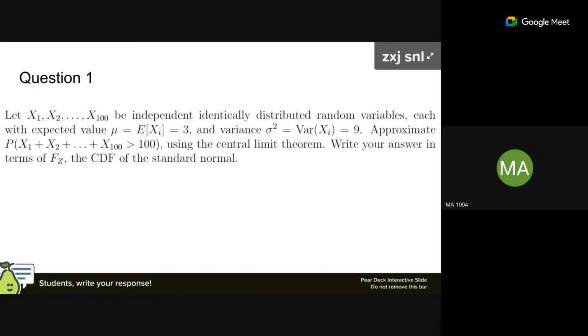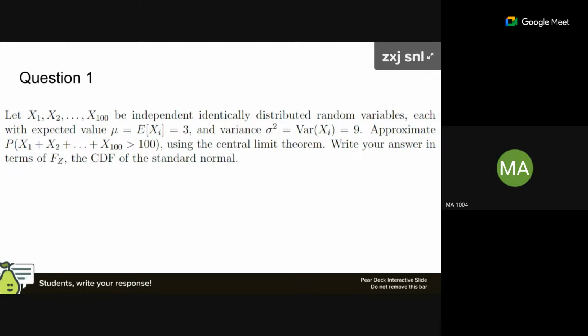There are 100 random variables which are independent and identically distributed, whose expected value is 3 and variance is 9. We have to approximate the probability that the sum of these 100 random variables is more than 100 using the central limit theorem.